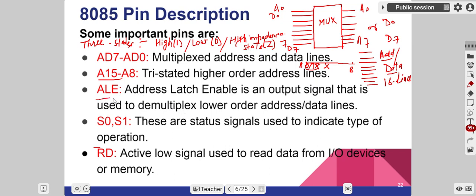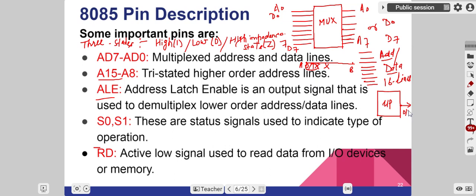ALE, we already discussed that ALE is address latch enable. It is an output signal actually. So for example, we have a microprocessor here. This ALE pin, which is pin number 30, will move away from this microprocessor.